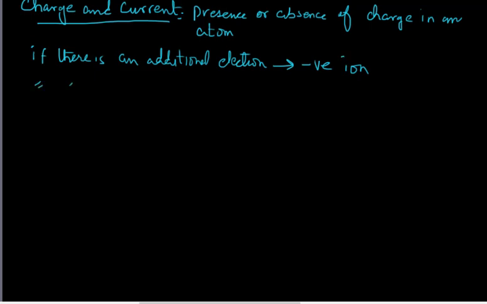Similarly, if there is an additional proton, that kind of atom is called a positive ion.